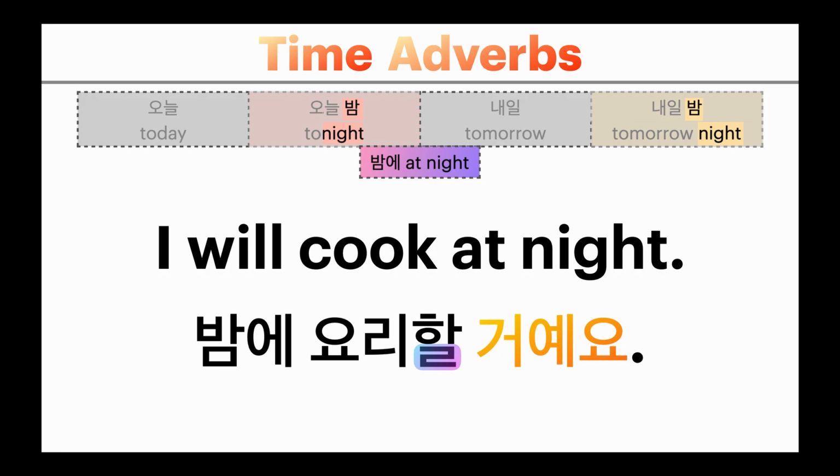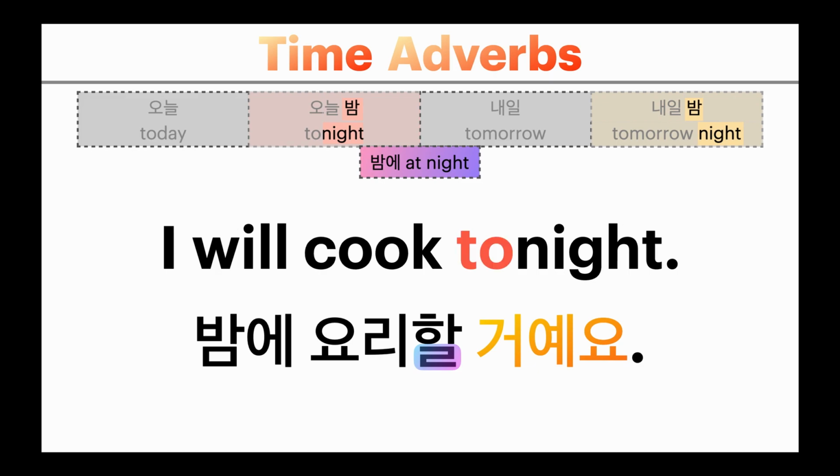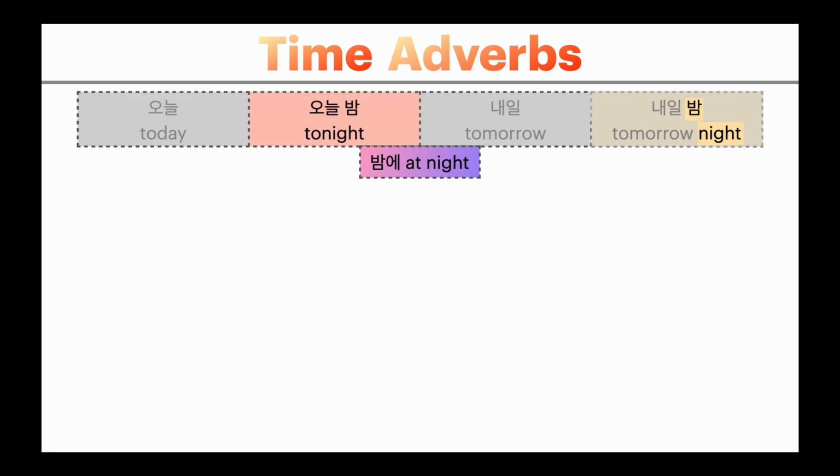Alright, now let's go ahead and try to say, I will cook tonight. Tonight in Korean is literally today, night. 오늘 밤. And although we don't say at tonight in English, in Korean we will say 오늘 밤에, in the same way that we say 밤에, at night.